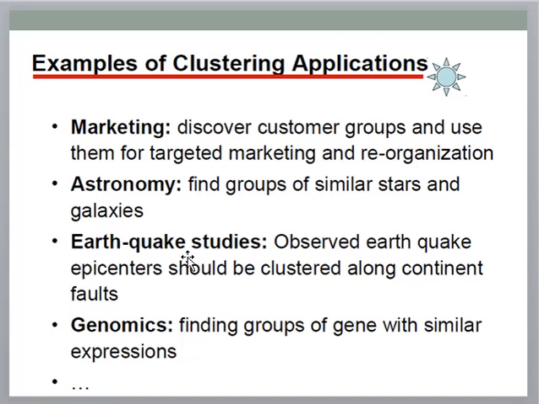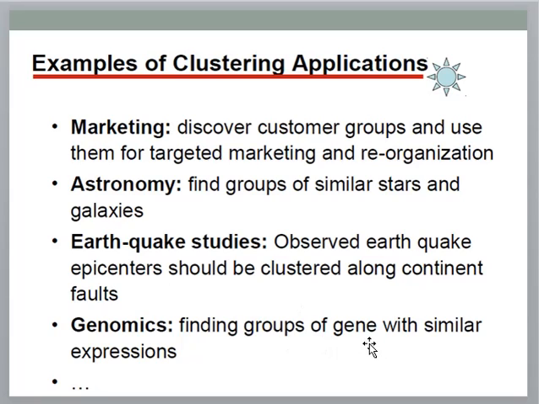And k-means clustering has also been applied in genomics. You know that in genomics we have data sets related to different genes, and the target is to analyze the gene patterns and the underlying structure of different genes. So in genomics, k-means clustering can be very helpful in order to find groups of genes.